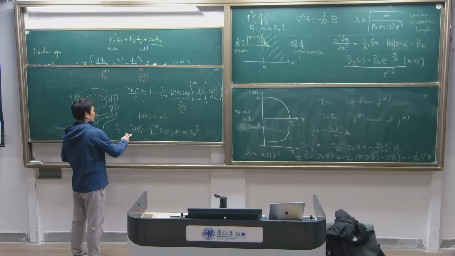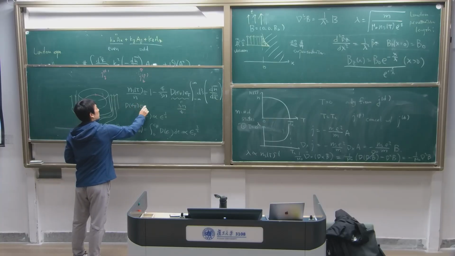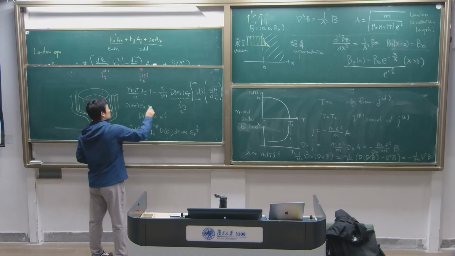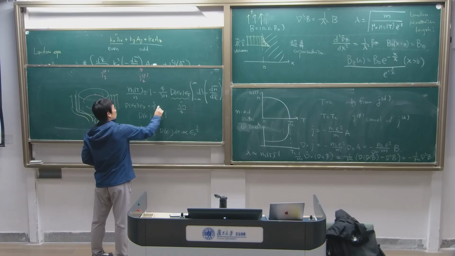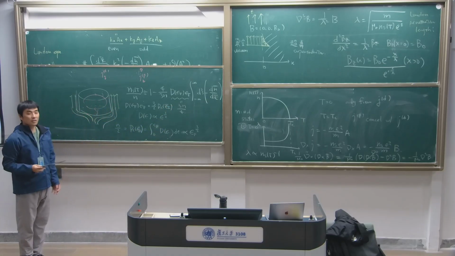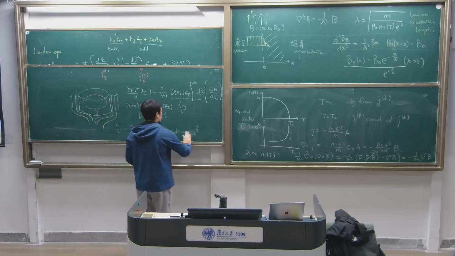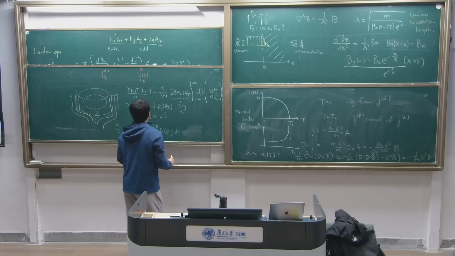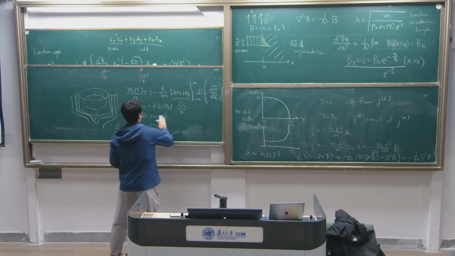So this is the case. And then the integral from 0 to the Fermi energy gives a number times the Fermi energy to the 3 halves, with a factor of 2 over 3. Okay.